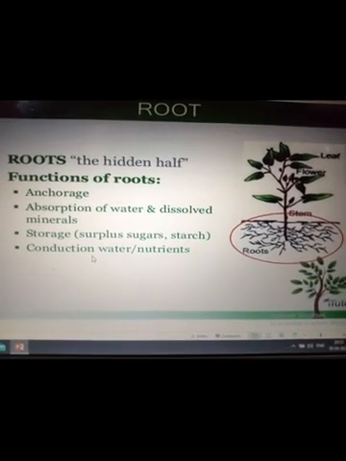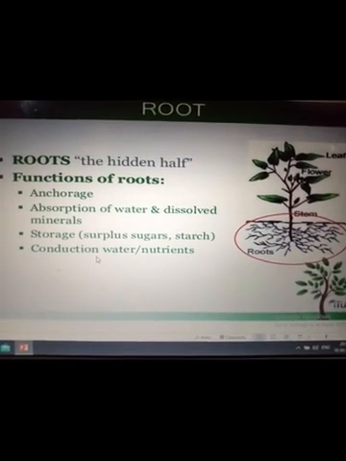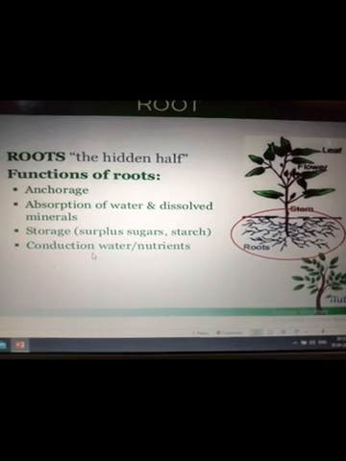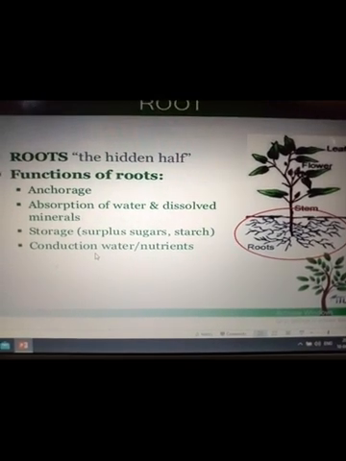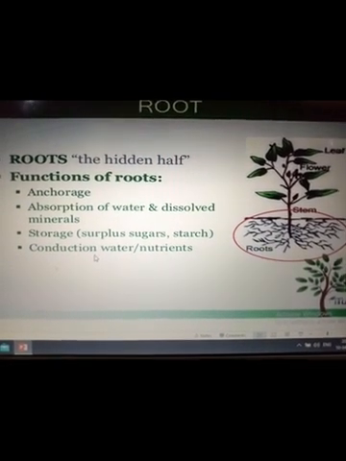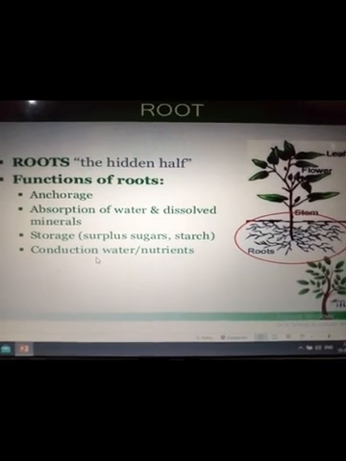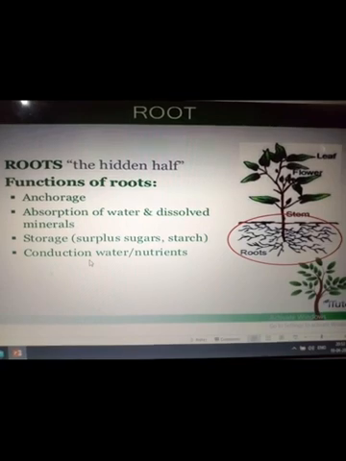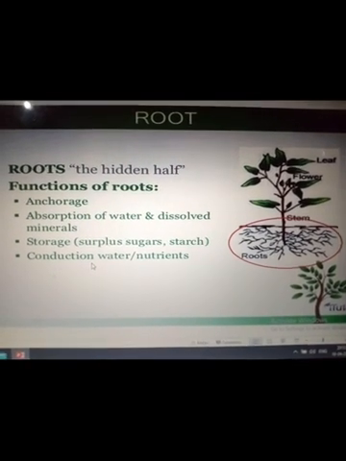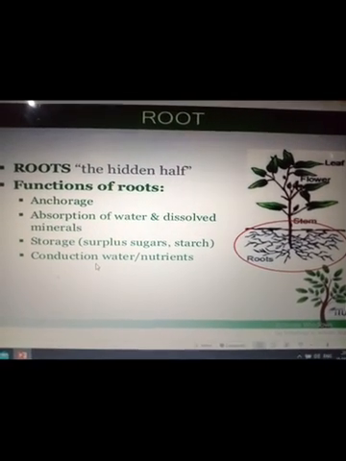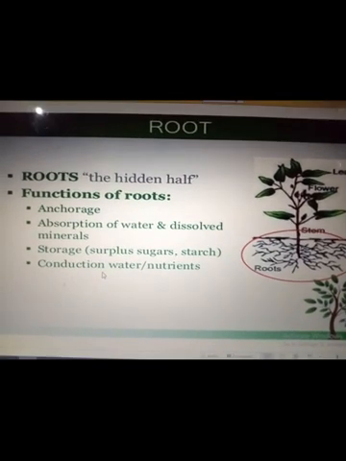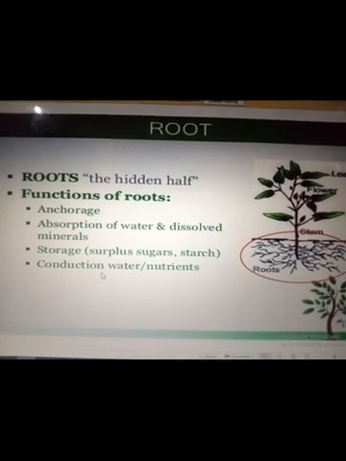So the first function of roots is that the roots of a plant fix the plant, holding it firmly to the ground.